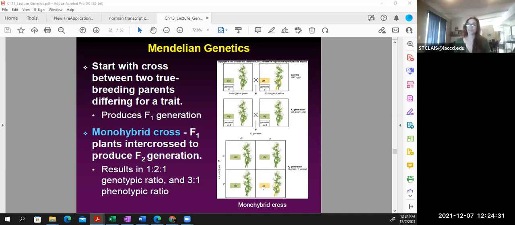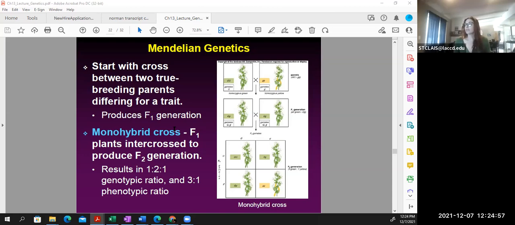That is to say, with 2 copies of the recessive allele, in this case little g, exhibiting the recessive trait. So the recessive trait is only going to be expressed, or we're only going to be able to see it, if the dominant allele is not present at all. Okay.